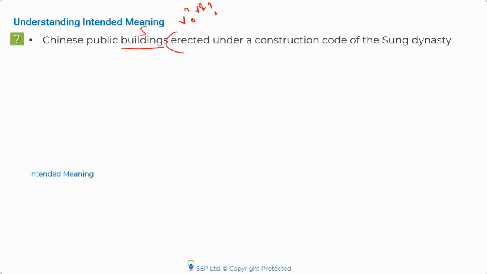But did the buildings perform the action of erected? No. So erected under the construction code or whatever, this is basically an ed verbal for buildings. So this entire thing is modifying buildings. So I'm going to ignore that for a moment.